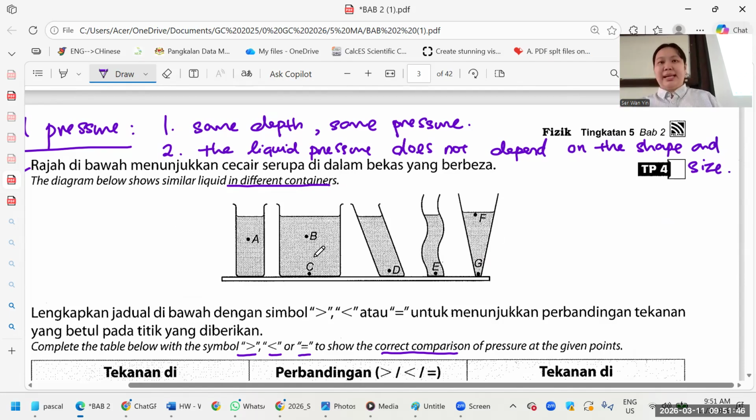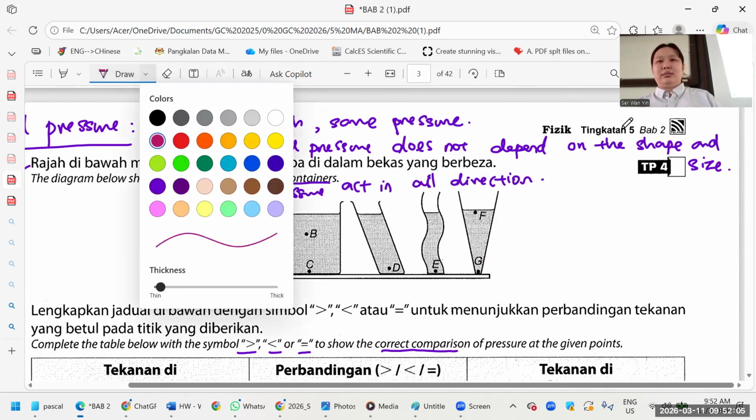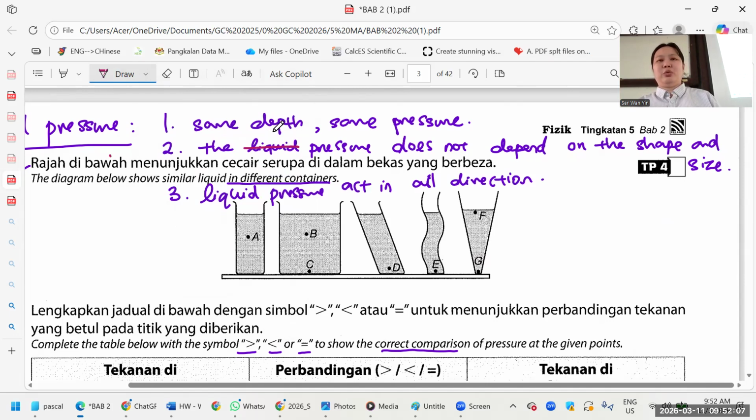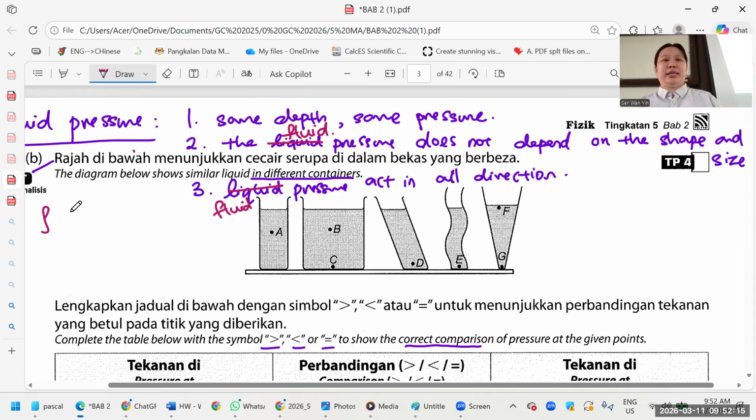Okay. Then number three. Liquid pressure acts in all directions. Actually, I should not say liquid. I should say fluid. You may ask teacher what's the difference of fluid?